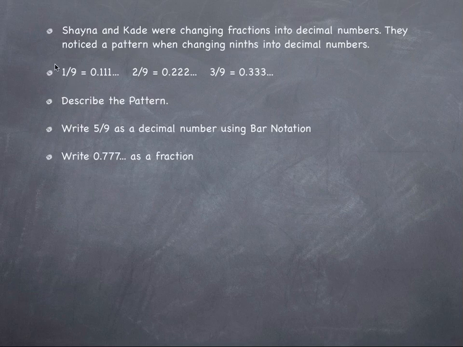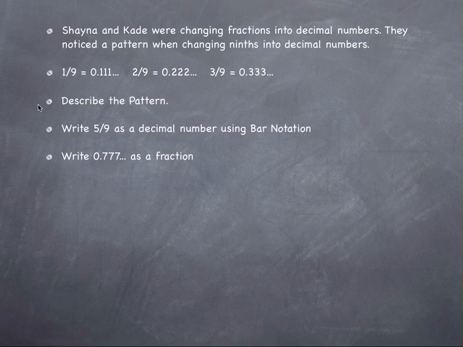Well, because the bottom number here is a 9, the top number on the fraction is also the same number that we have repeating. So 1/9 is 0.111, 2/9 is 0.222, 3/9 0.333. All of them have a 9 on the bottom, and the top number is the repeating number.